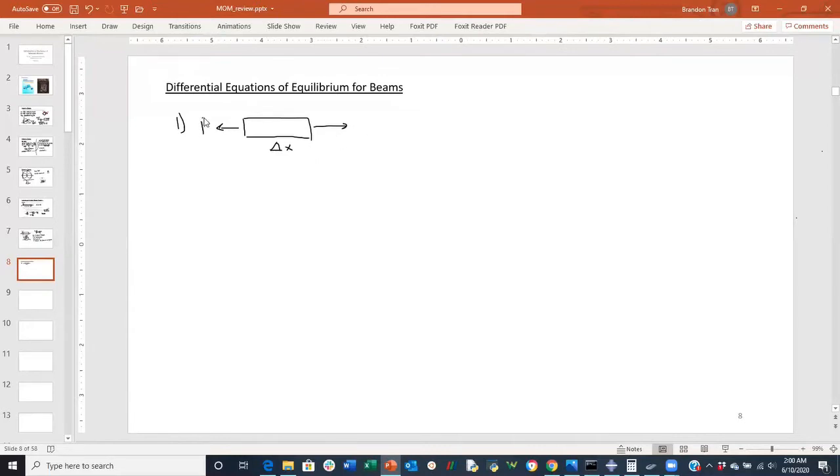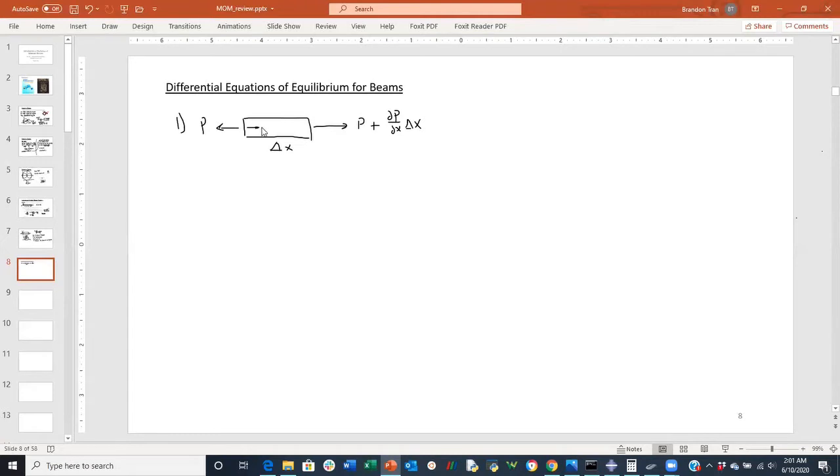We have one side applied with a normal stress, a normal load, another side applied with a normal load plus an additional increment of load. That additional increment is the only way we can establish a disturbance in the equilibrium of the system. So that's why we always add this additional term here.